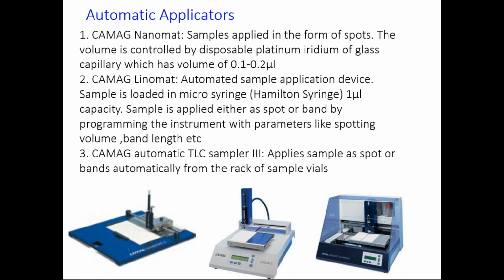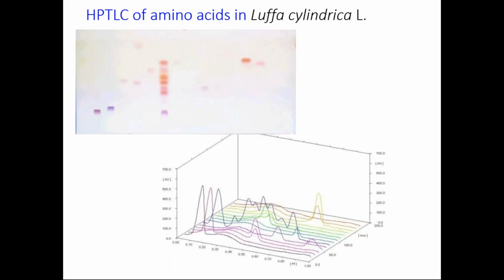It takes from the rack and continuously spots the TLC plate. So you have the automatic applicators. So here is the HPTLC of an amino acid of a plant which has been separated. And as we said, you can scan it, and you can find and quantitate the amount of the amino acids, because this is a photodiode array scan of the samples.